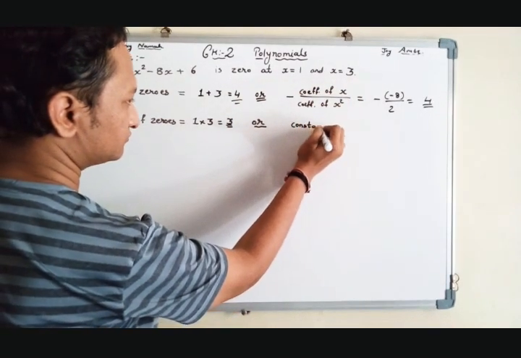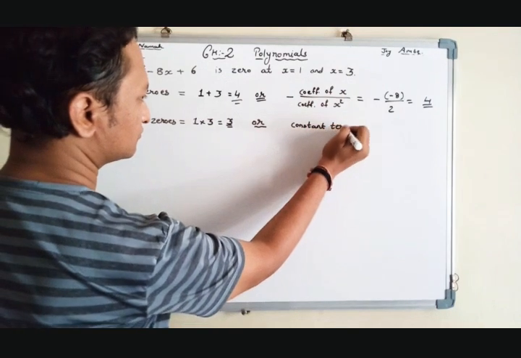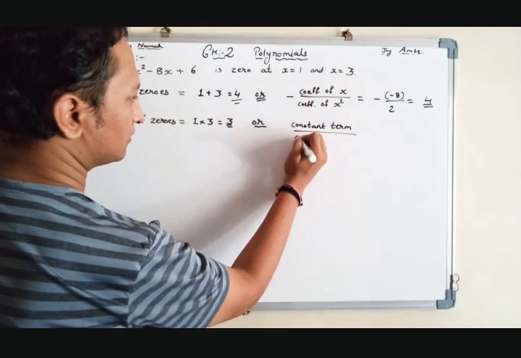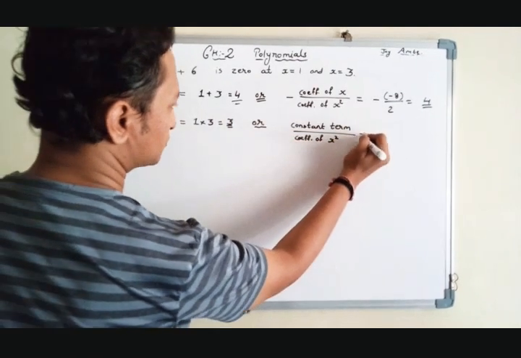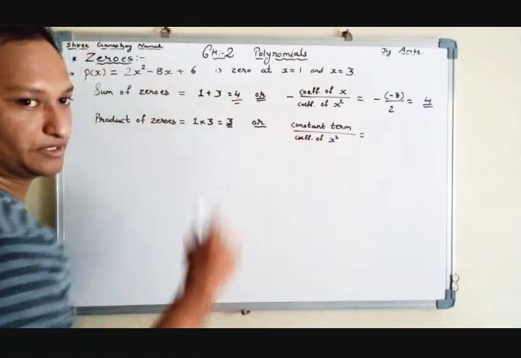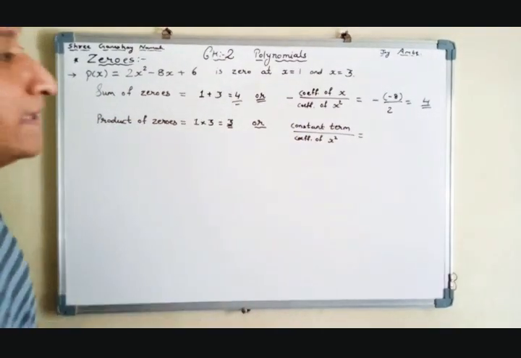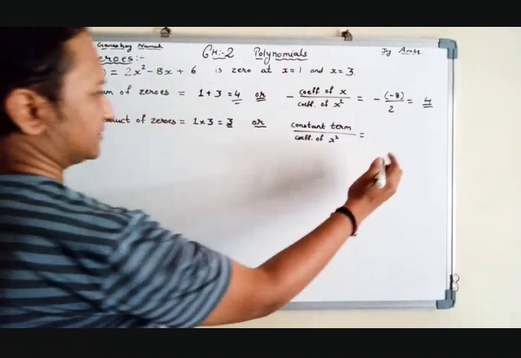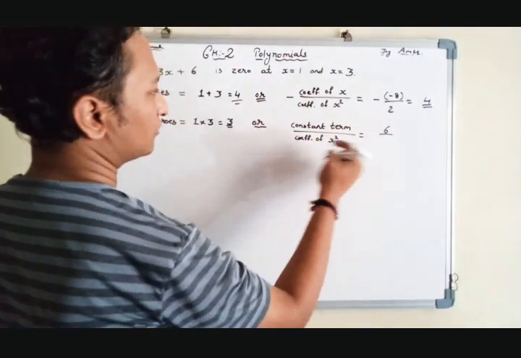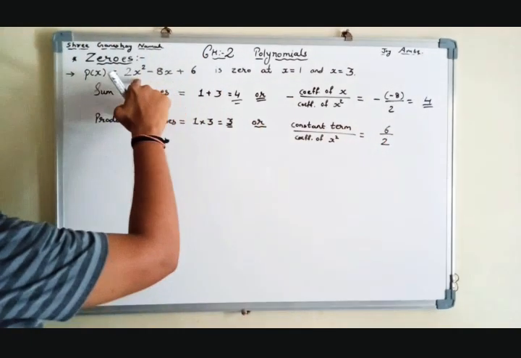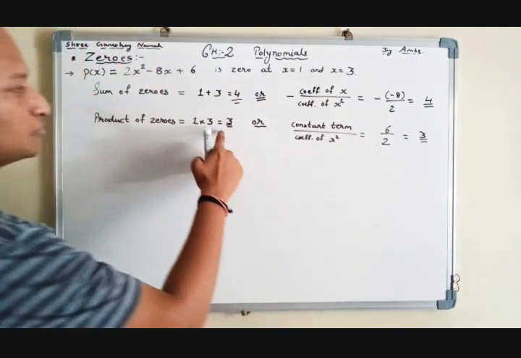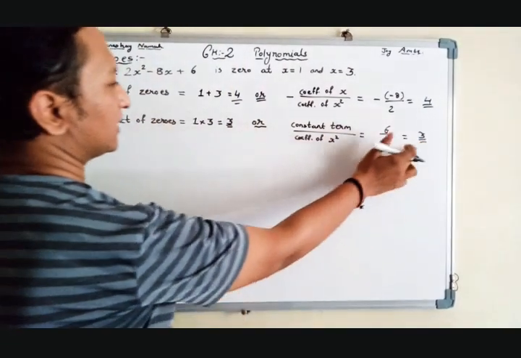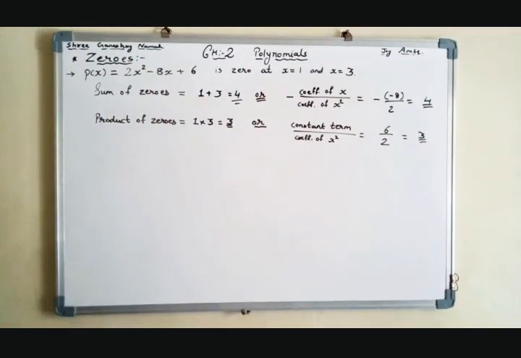Constant term upon coefficient of x square, this will remain the same, and this minus will not come here, mind it. Constant term, that is 6, upon coefficient of x square, that is 2. So 6 upon 2 is 3. So you notice that both are the same and they must be the same.